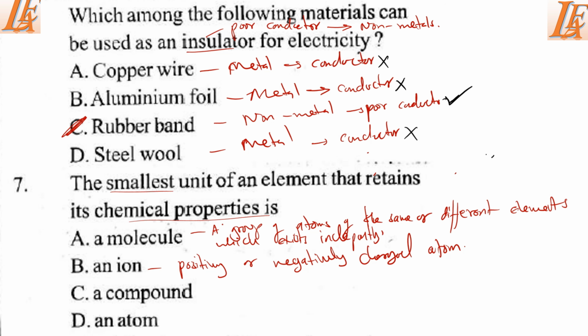When you charge it negatively, you add an electron to it. It forms an anion. Therefore, in this case, it forms what we call an ion. Then C, a compound. A compound is defined as a pure substance made up of two or more elements.